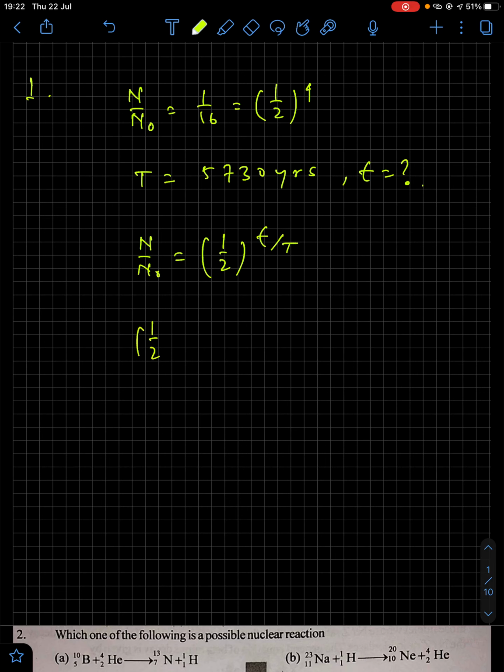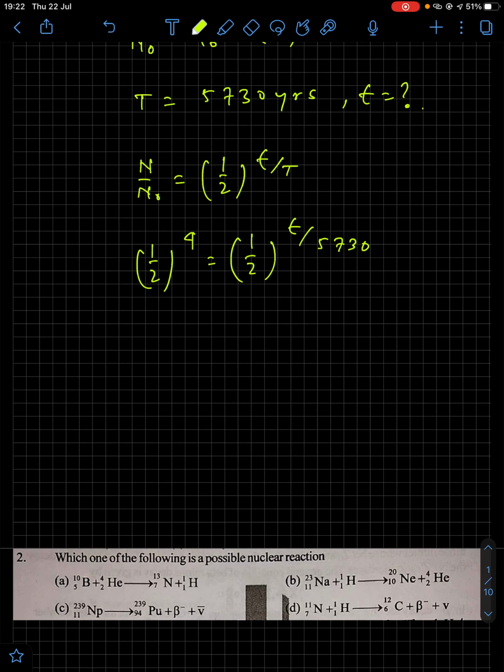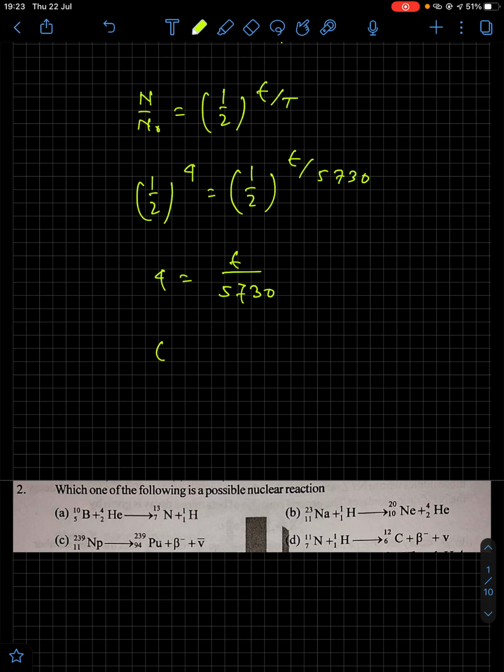Therefore, half to the power 4 equals half to the power small t by 5730. Since you have the same base on both sides, you can write 4 equals t by 5730. So t equals 22920 years. Option number C is the answer.